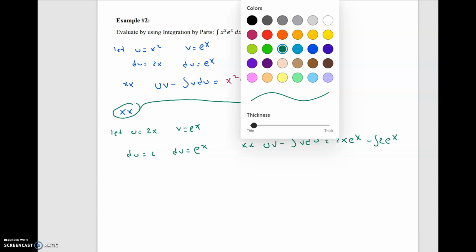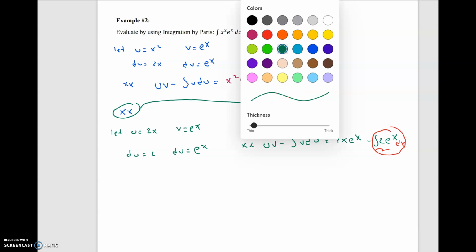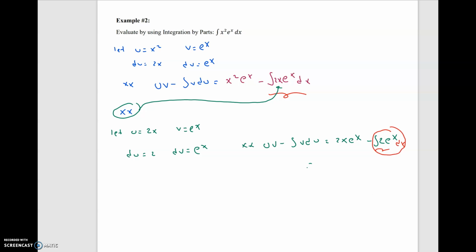Sorry, I was looking at another part. Okay, and this will be dx. In this case, we can integrate this one by itself, and we don't need to do another integration by parts. You're looking at 2x e to the x minus the integral of 2e to the x, which is simply 2e to the x.